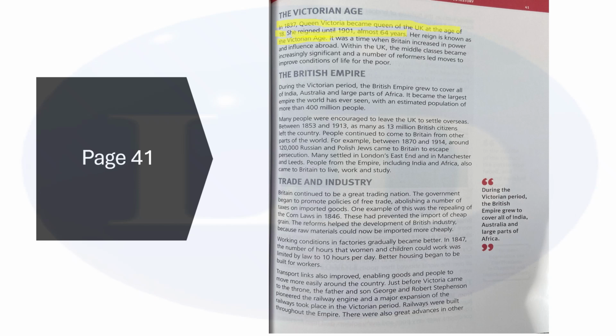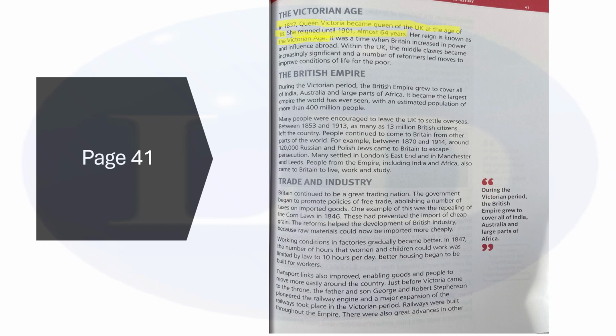She started her reign in 1837 and remained queen for almost 64 years. Before that, it was the longest reign, but then Queen Elizabeth II reigned longer than Queen Victoria.